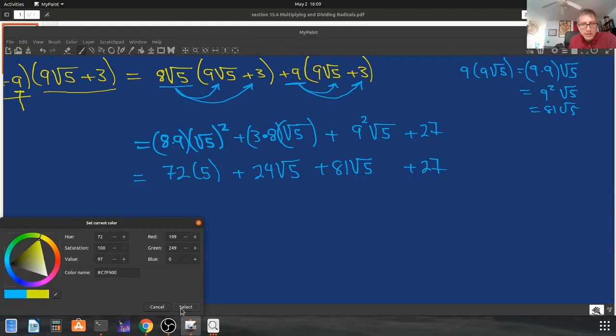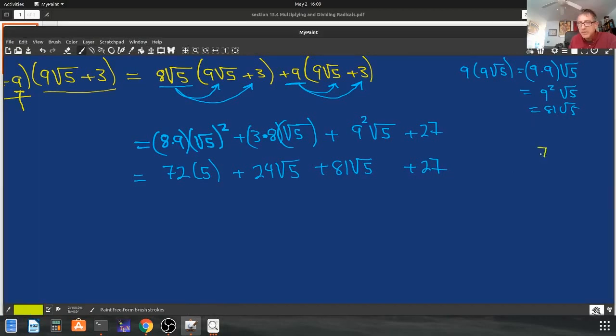And 72 times 5, that's 360. Plus, now look, right here are like terms. So that's going to be 24 plus 81 times the square root of 5 plus 27.